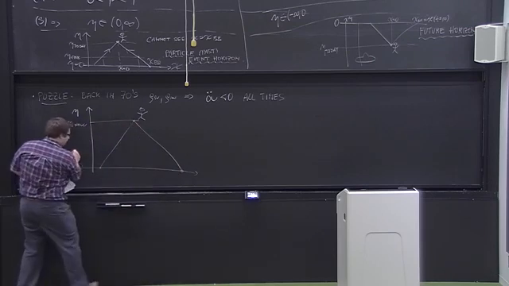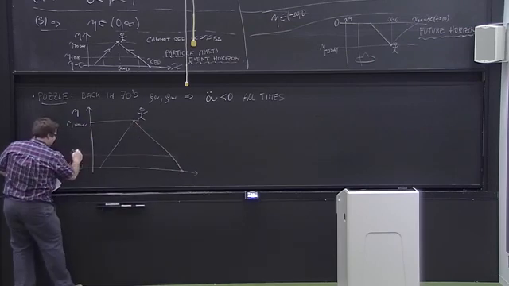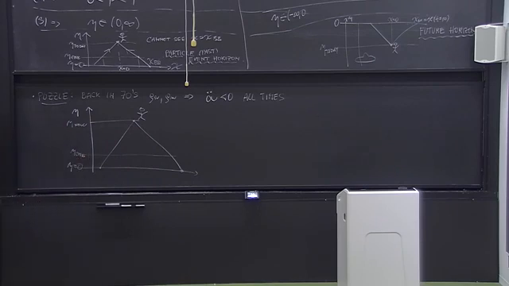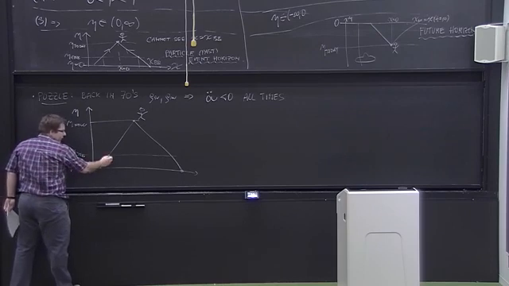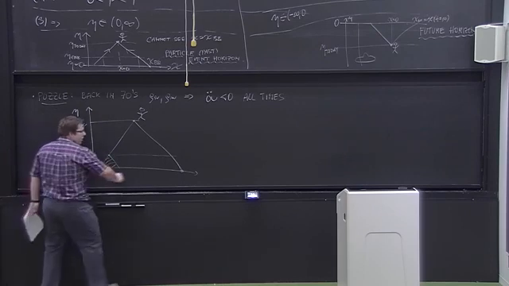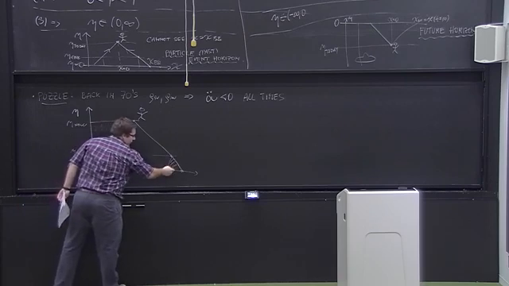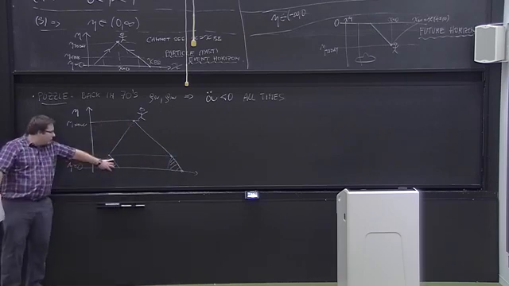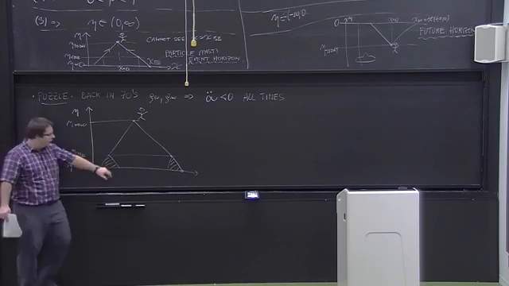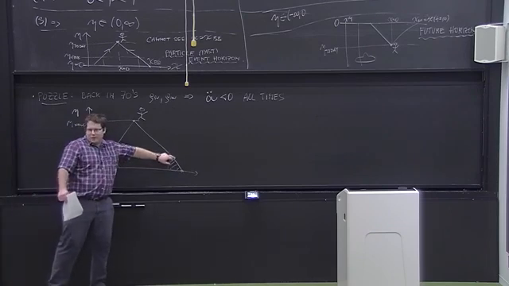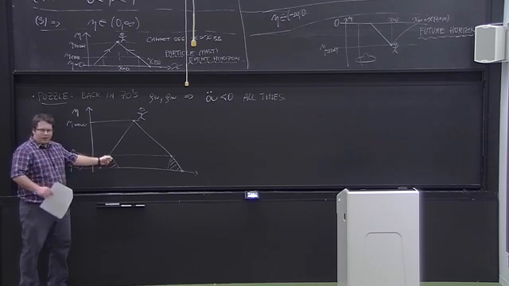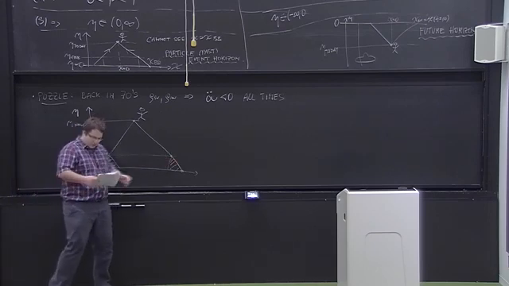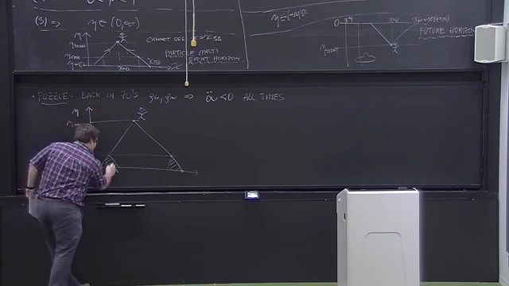Okay, so here's my CMB when it was released, eta CMB. And if you look at the past cone of whatever happened here, it's this one. If you look at the past cone of that one, these are all the events that could influence what's happening to that star. And these are all the events that could influence what's happening to that galaxy over there, right? But there's no overlap whatsoever. So how is it possible that the physics here is correlated with the physics there? Okay, so that's the puzzle.